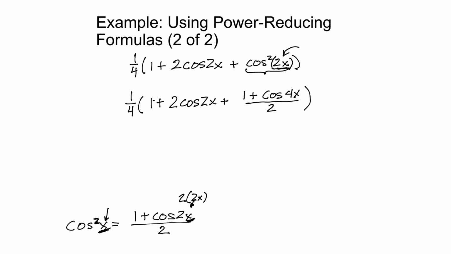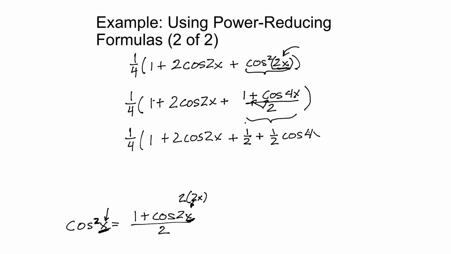And of course, we have the 1/4 there as well. Let's rewrite this part so that it's not one big fraction, but we'll take the 2 into the 1 and into the cosine of 4x. So in other words, I still have this 1/4 there, still have the 1 plus 2 cosine 2x, plus we end up with a half here, plus 1/2 cosine of 4x.